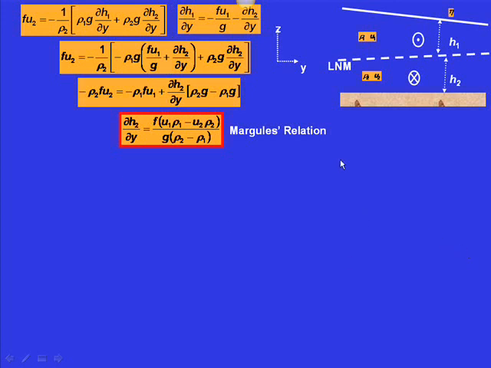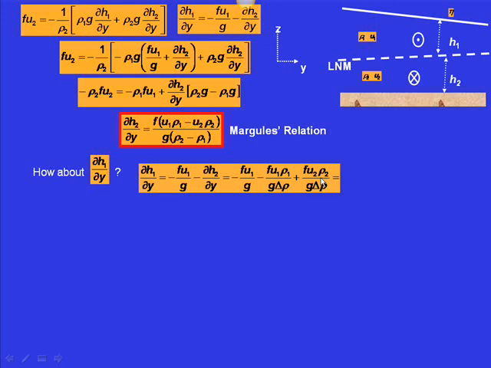So that's for the lower layer, the Margulis relation. How about the slope for the upper layer? What would you do? Well, you follow similar procedures, and you take the geostrophic balance in the upper layer, which is this one, and you rewrite dH2/dy in terms of the Margulis relation, which is given by this.